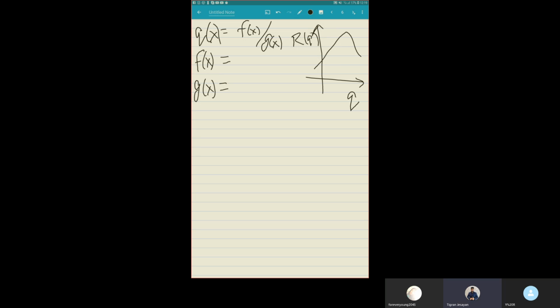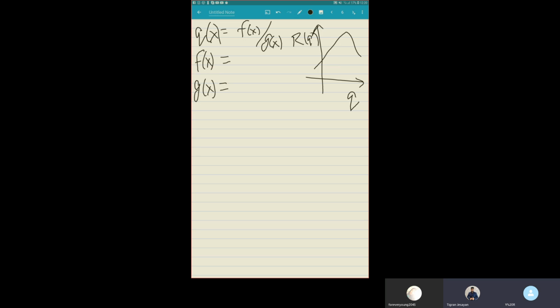R(Q) is minus 5q to the power 2 plus 1200q minus 25,000, divided by 250 plus 2q. Right. So in this case, the upper part is F(x) and the down part is G(x).